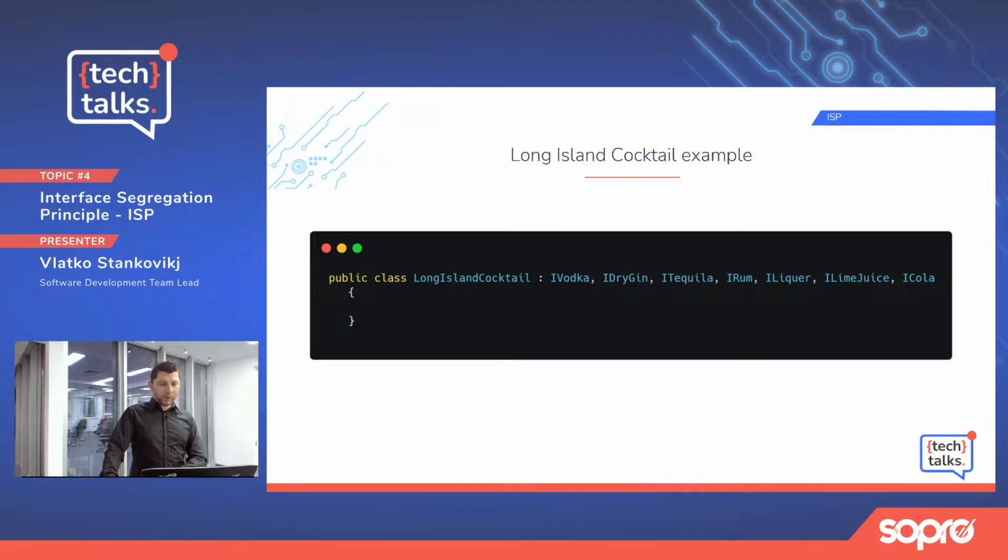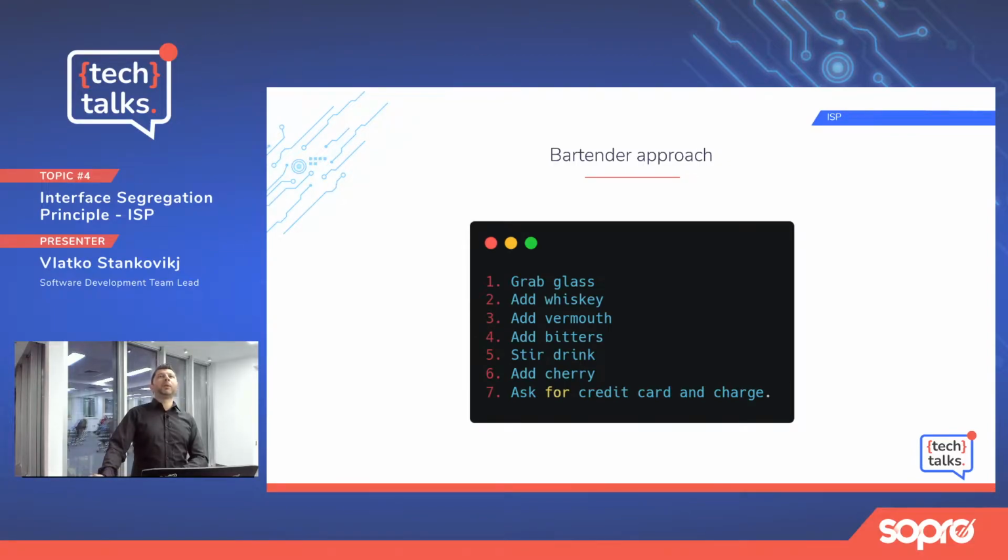So let's look at this cocktail example from a bartender's point of view. When you order something, the bartender doesn't care what you order. The bartender knows only that he needs to get a glass, to add a certain amount of ingredients like whiskey or bitters, to stir the drink, to add a cherry if you want that, and later to charge you.